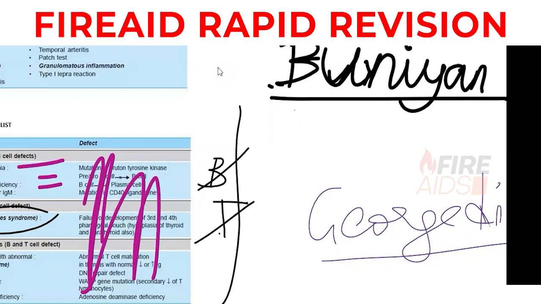There are two things that are most commonly selling in a bunyan, two sizes: one is XL size, another is medium size. Just remember this point.